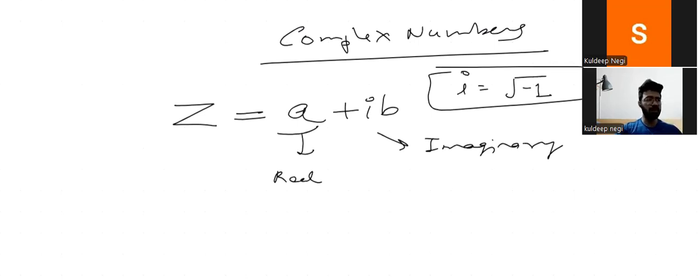Now, there are the powers of iota that you should know about. Iota power 1 is iota itself. Iota power 2 is minus 1. Iota power 3 is minus iota. And iota power 4 is 1. So these are the values of all the basic or important powers of iota.